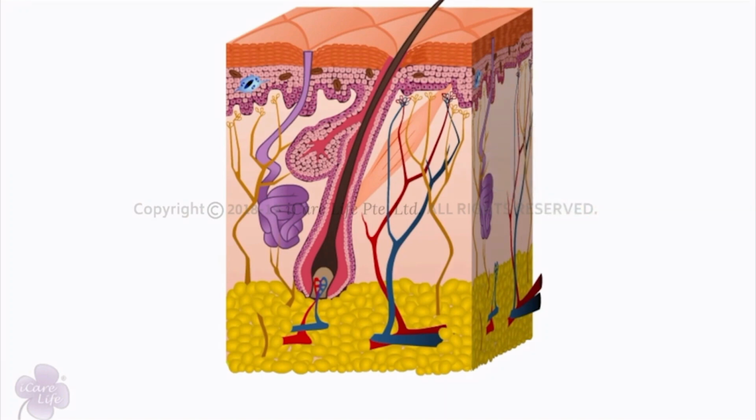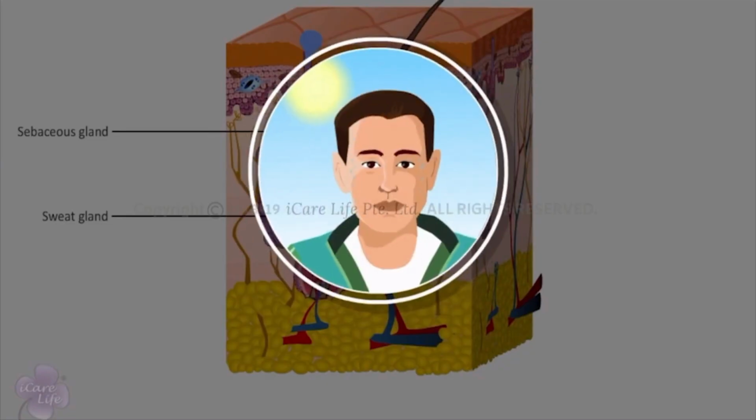Dermis contains the sebaceous glands, which produce oil called sebum, and the sweat glands, which produce sweat. The sweat and the sebum come out of the pores to reach the epidermis. Sebum keeps the skin lubricated and waterproof, while the sweat cools the body.